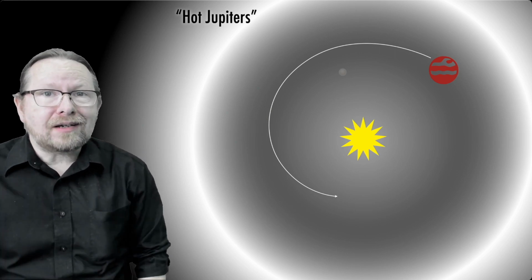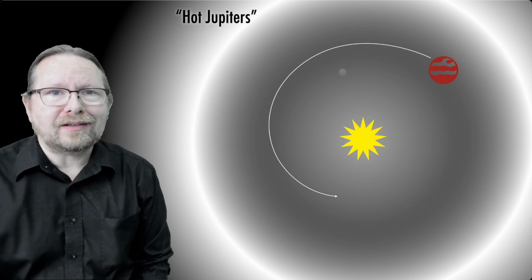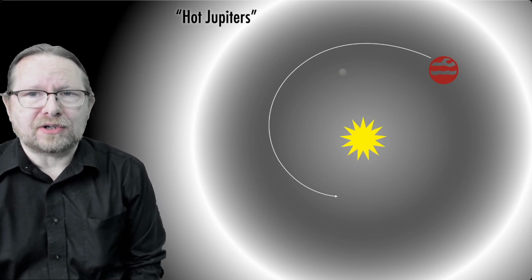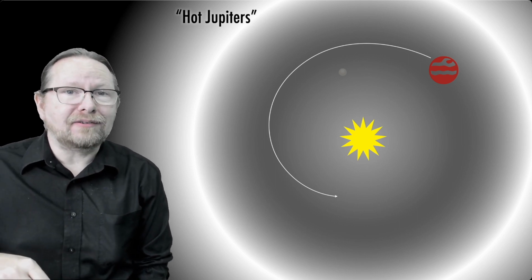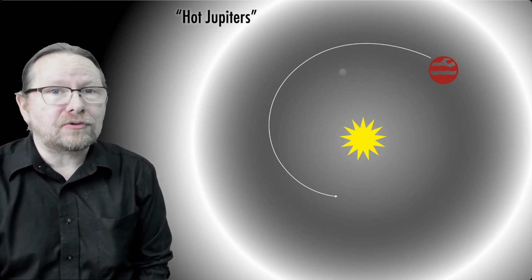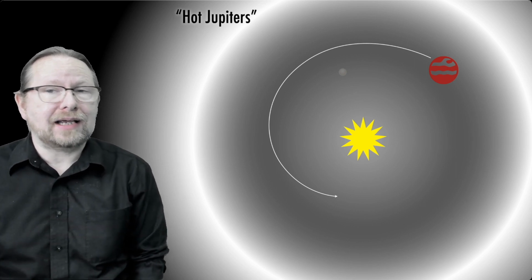So what that means is that our contemporary models of planetary system formation have to account not just for our solar system where we live, but have to account for the thousands of other planets and hundreds of other planetary systems that we have observed in the past 2 decades.